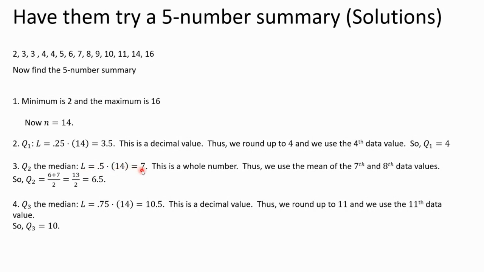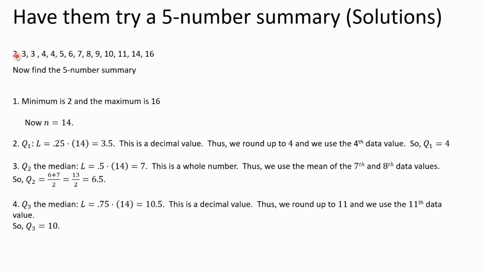And in this case, we get a whole number, 7. Since we have a whole number, we use that number and the next one. So we have 7 here, and we're going to use the data values in the 7th and the 8th position and take their average, their mean, in other words.